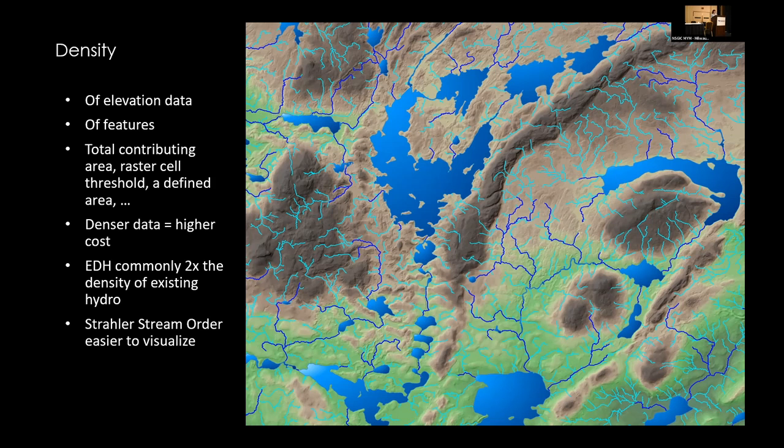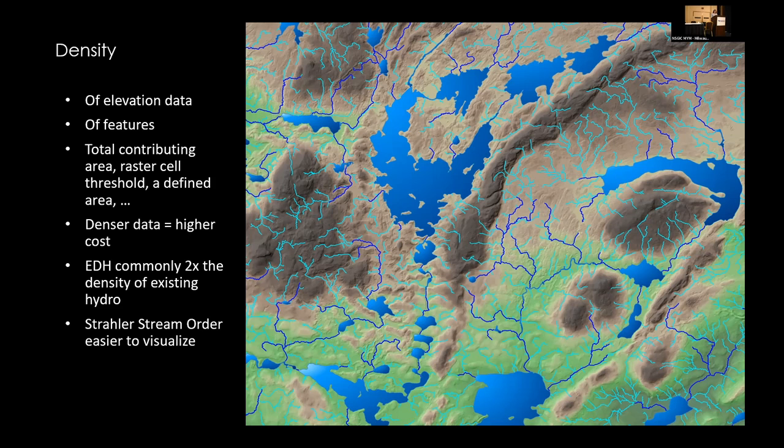And that really wasn't too hard to do, because if you think about it, all of the original hydro data had been developed off of paper maps, topo maps, in some cases that were 40 or even 50 years old. And so the computer generation, by just changing the dial 1 or 2 instances higher, was able to generate, in some cases, 8 to 10 times as many streams and rivers as existed on those paper maps.